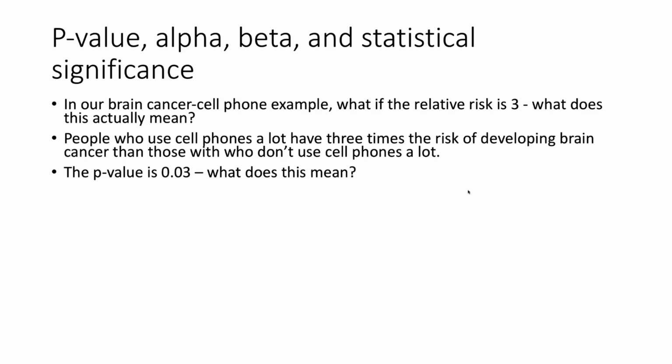So a p-value of 0.03 means that the difference seen between these 2 groups, in other words, people that use a lot of cell phones and people that don't, it's the probability that the difference seen between the high cell phone use group and the low cell phone use group in developing brain cancer is due to random chance. Does that make sense?